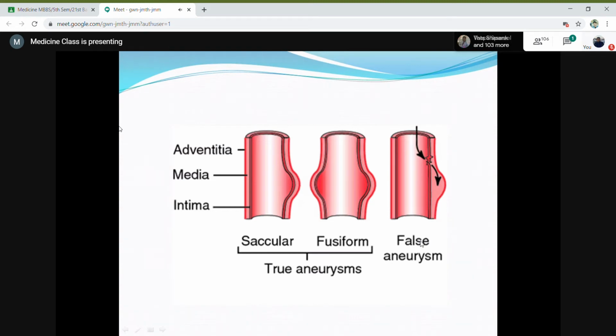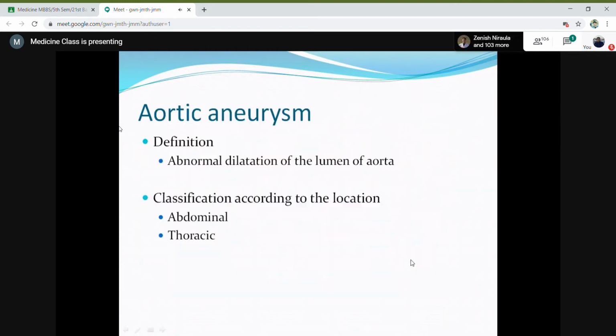And as we've said, a false aneurysm involves only the adventitia in the dilated segment of the blood vessel. The media and intima won't be involved in the dilated portion. So this was in general about the different terms that we use when talking about aneurysm.